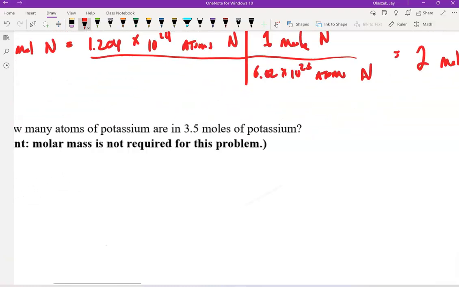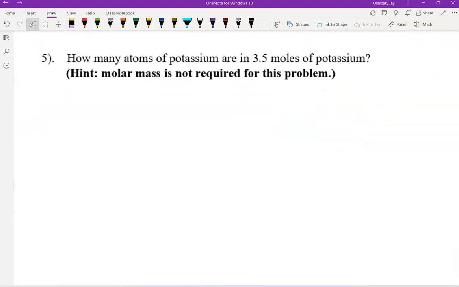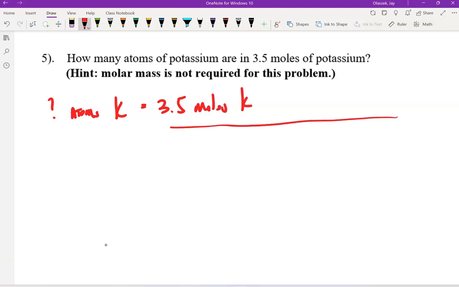Okay, let's do the last one. Going the other way. How many atoms of potassium are in 3.5 moles? We're going to ask how many atoms of potassium, that's the symbol for potassium, K, if we have 3.5 moles of potassium. So we're going to put moles on the bottom, 1 mole of potassium, and 6.02 times 10 to the 23rd atoms of potassium.